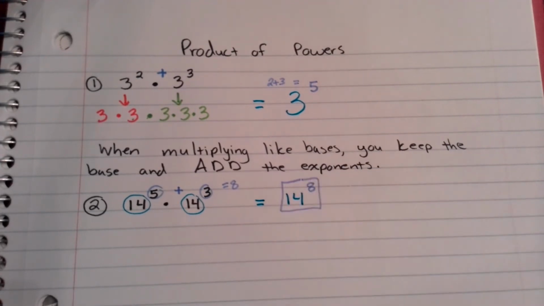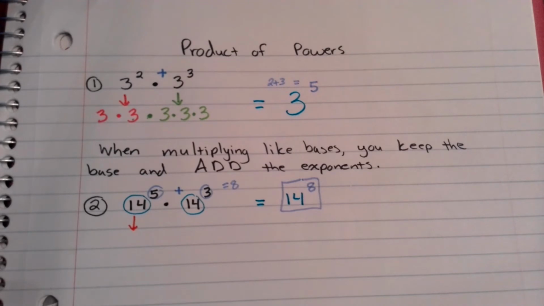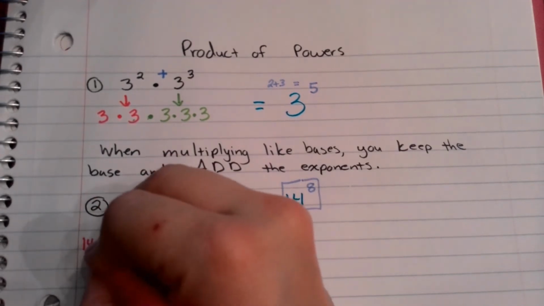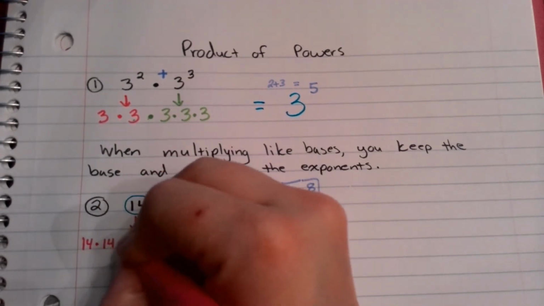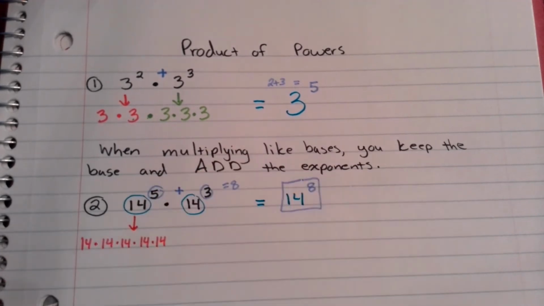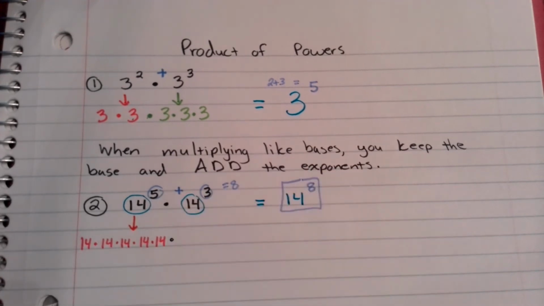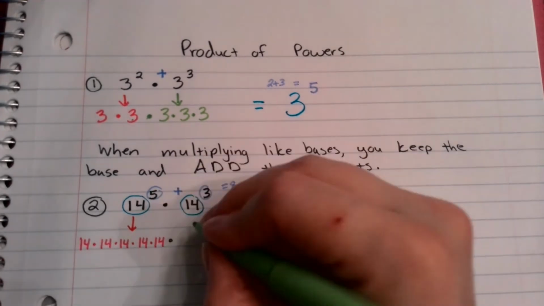Well, let's check. Let's make sure. We always want to make sure that this is true. Okay, so 14 to the 5th power. That means I'm multiplying 14 times 14 times 14 times 14 times 14, right? 1, 2, 3, 4, 5. I've got 5 14s right there. Then I'm going to go ahead and multiply it by 14 to the 3rd power.